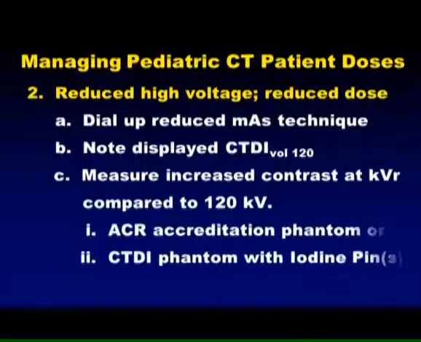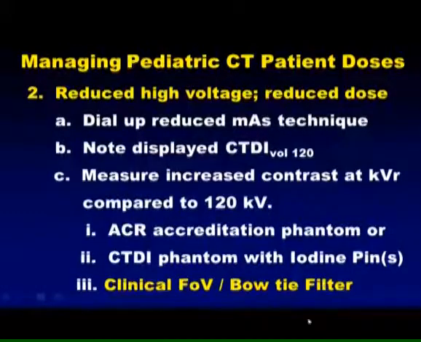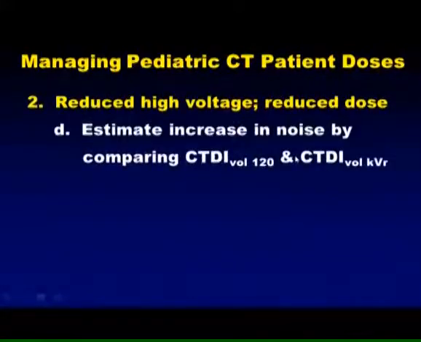Well, almost all of you have got an ACR accreditation phantom available to you, and it's got some low contrast objects in it which you can use to calculate the contrast to noise ratio. You can make some measurements at 120 kV, and you can make some measurements at the lower kV to find out how much the contrast is increased, or you can use the CTDI phantom with iodine pins if you have those. You want to make sure you're using the clinical field of view that the site is going to use and the clinical bow tie filter.